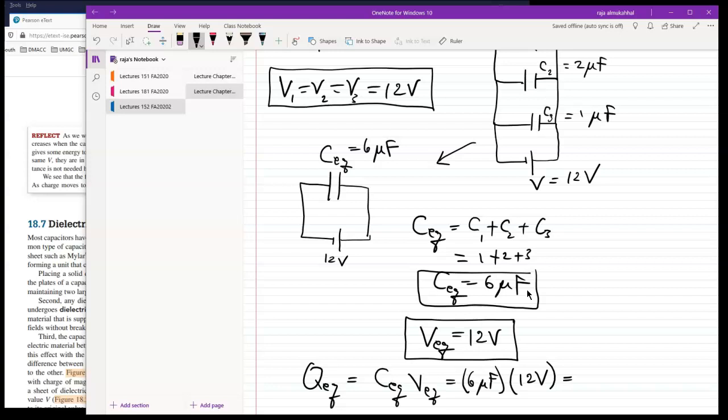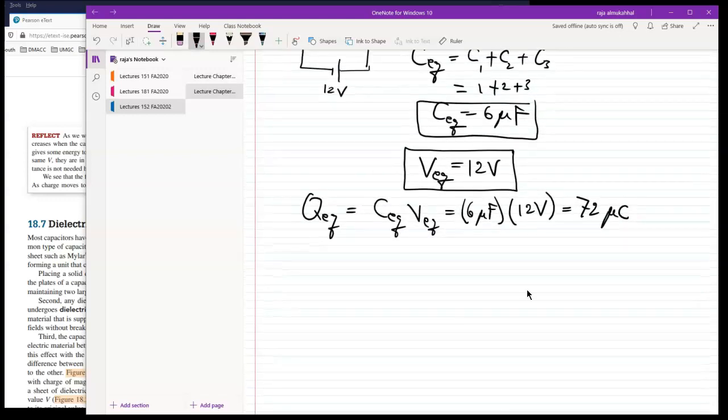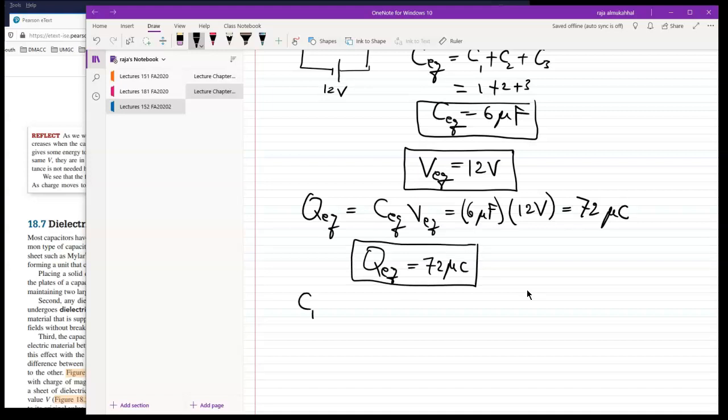So in this case, I'm going to have 72 microcoulomb. There we go. I got the equivalent charge is 72 microcoulomb. I got that. Now I need to find Q1, Q2, and Q3.